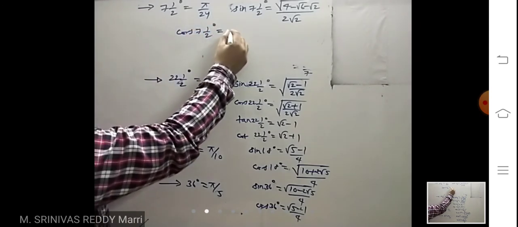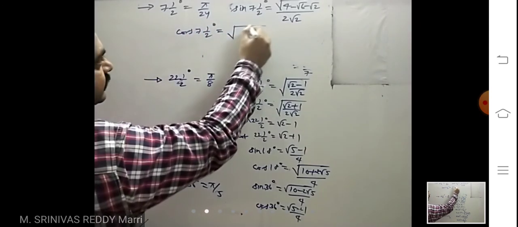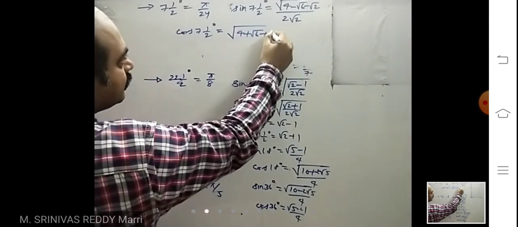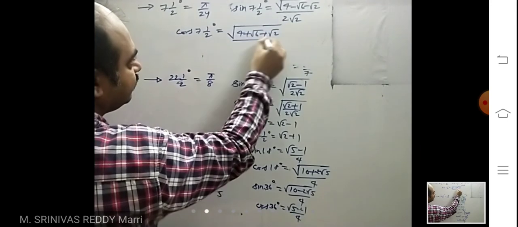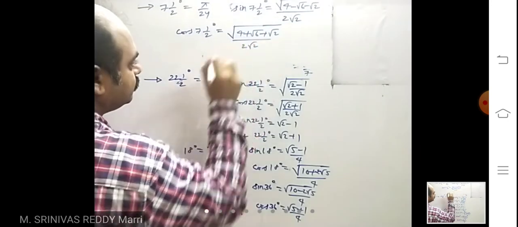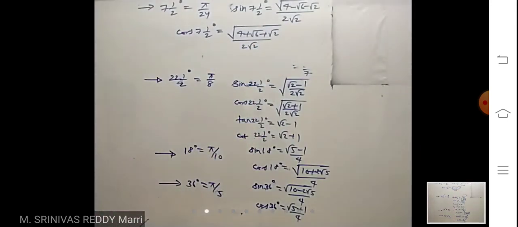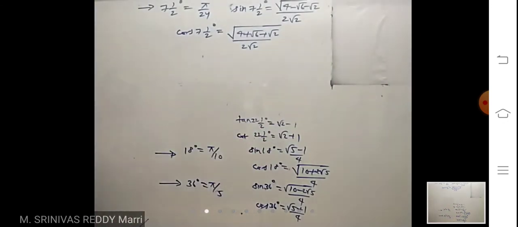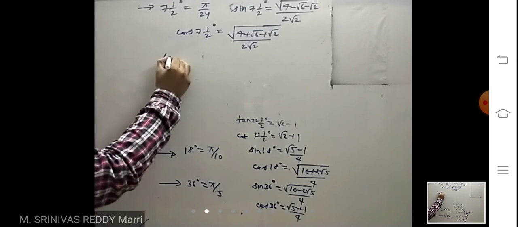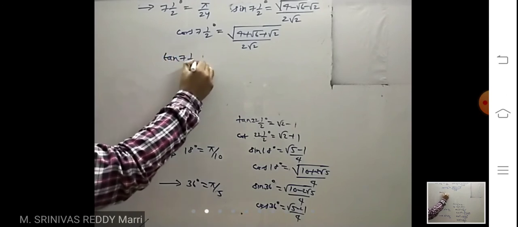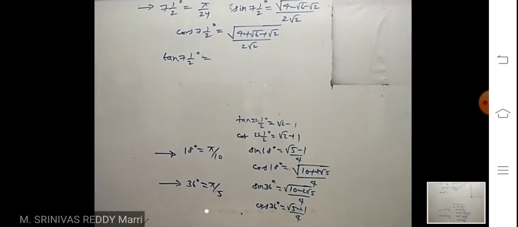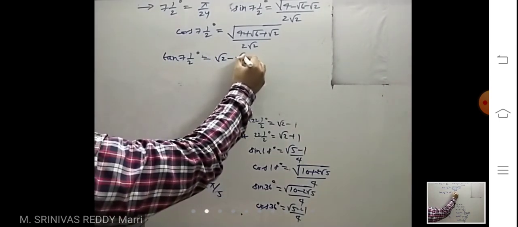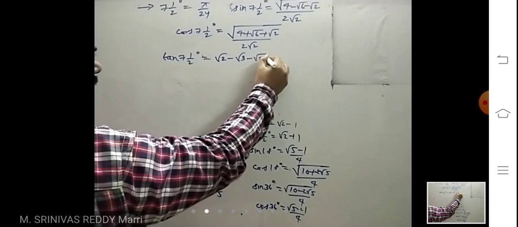Cos 7.5 degree is nothing but the same kind of expression divided by 2 root 2. That is cos 7.5 degree. Next, tan 7.5 degree is also a value, and it will be symmetrical.